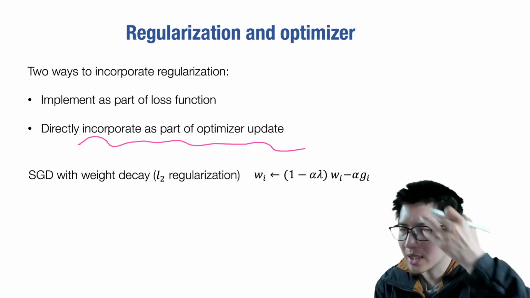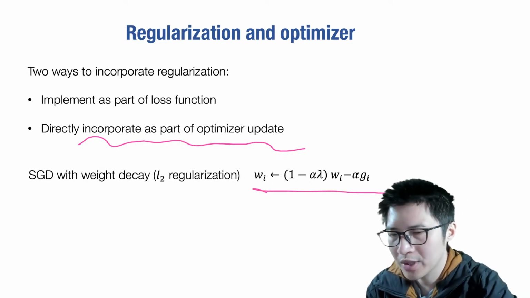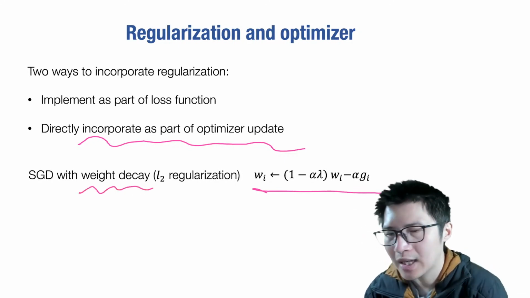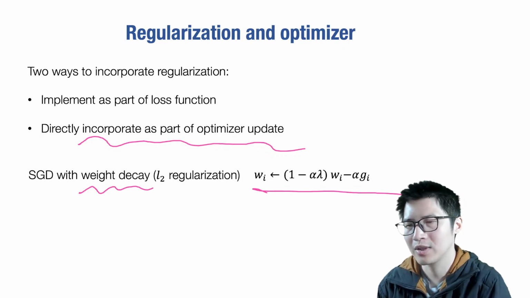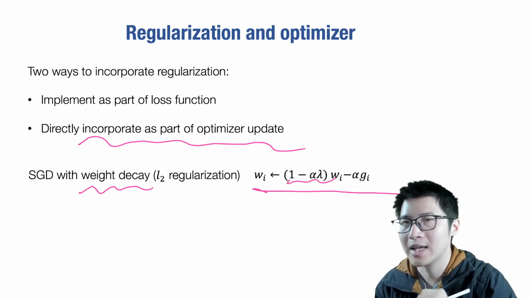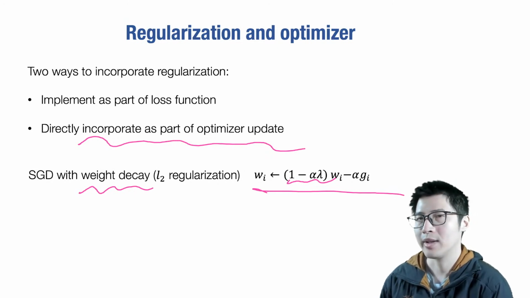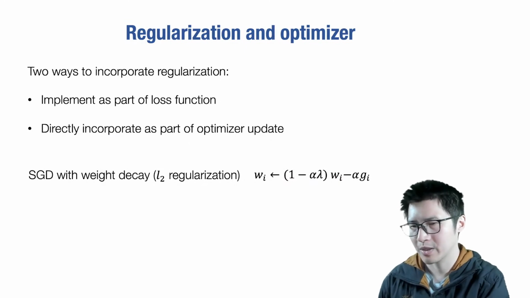For example, if I only care about weight L2 regularization, you can directly change your update rule to incorporate what we call a weight decay term. Effectively, this weight decay term corresponds to the L2 norm regularization that we talked about. This is also very typical in a lot of the optimizers.